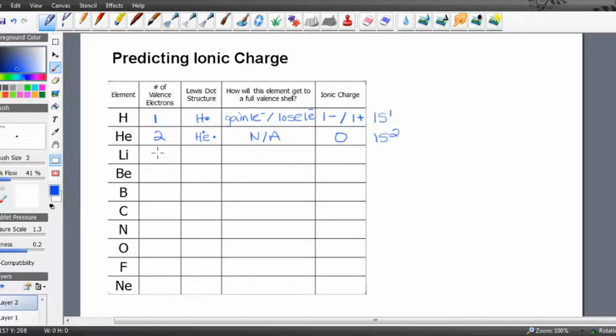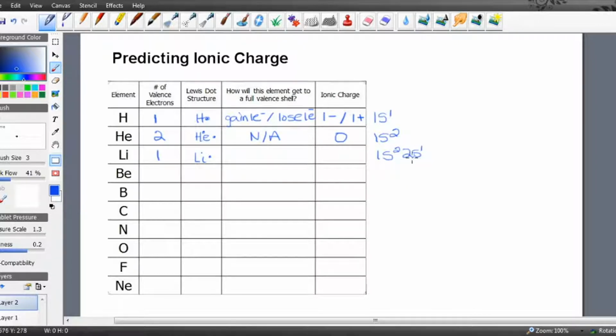Let's move on to lithium. Lithium is in group 1 and has 1 valence electron. Let's look at its electron configuration. 1s2, 2s1. There's my valence electron. Now, ask yourself, what do you think is easier for lithium to do?